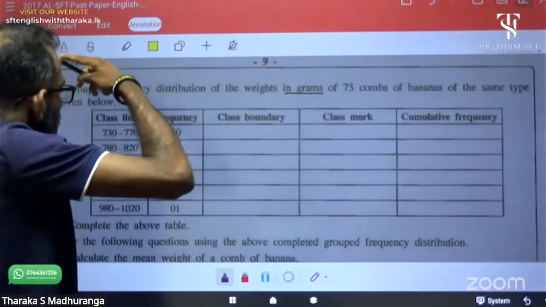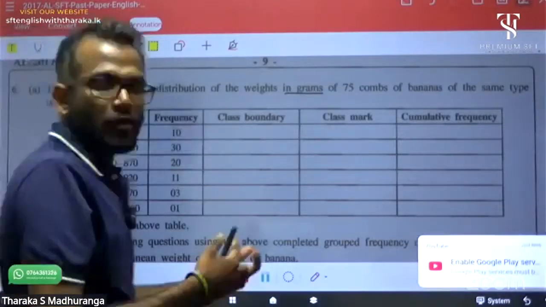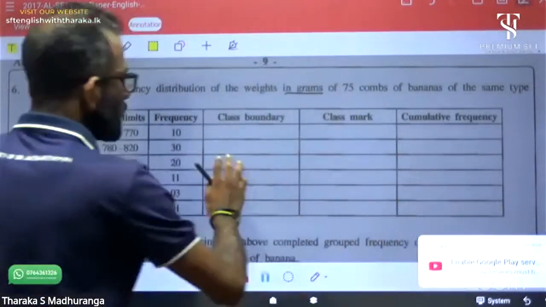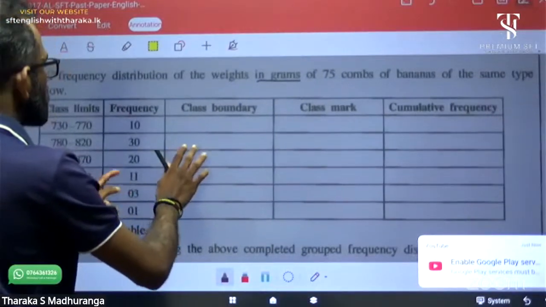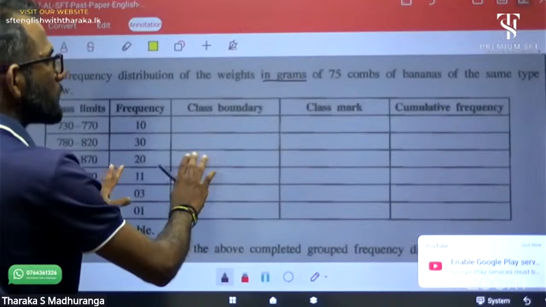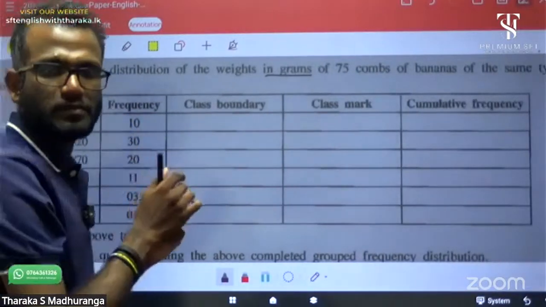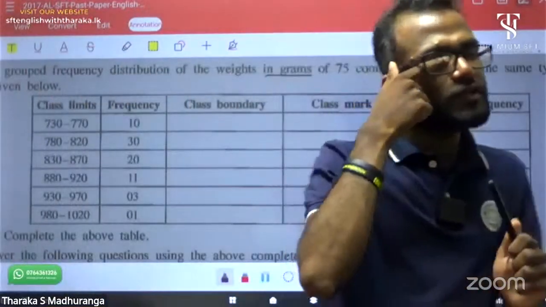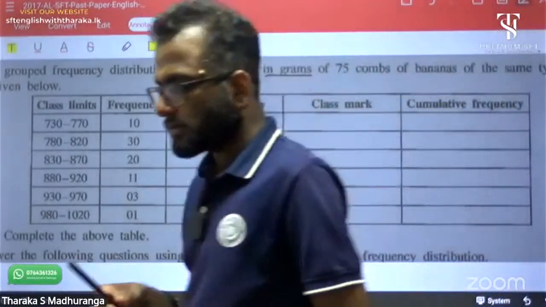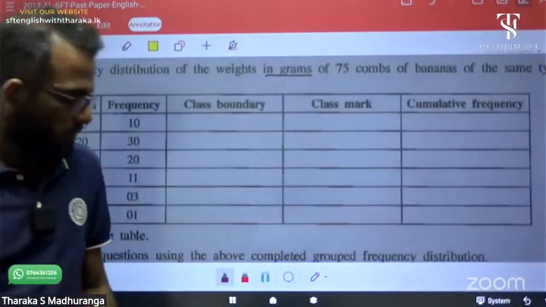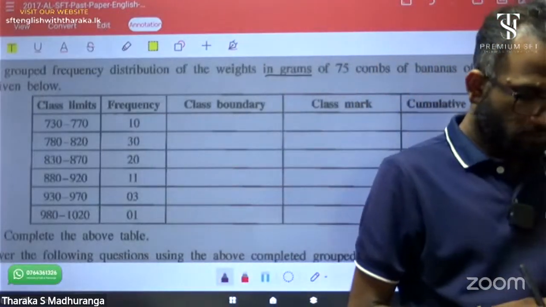Now, class limits are given. Now it is very important. See, is it continuous or discrete? This group frequency distribution, continuous or discrete?